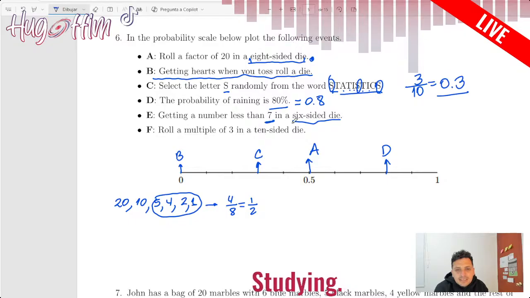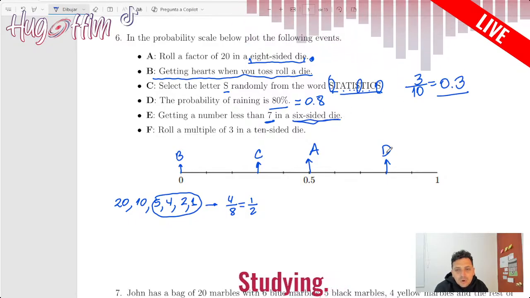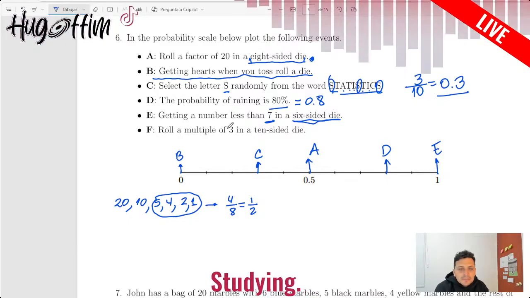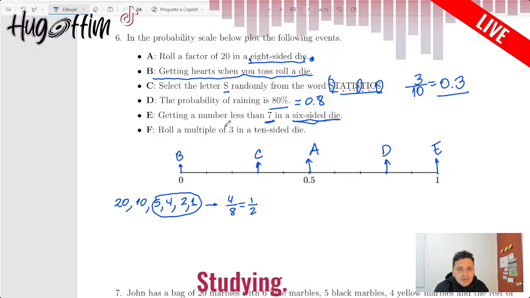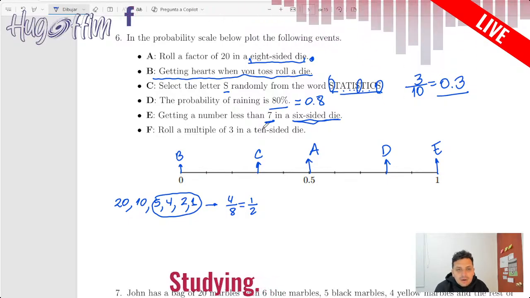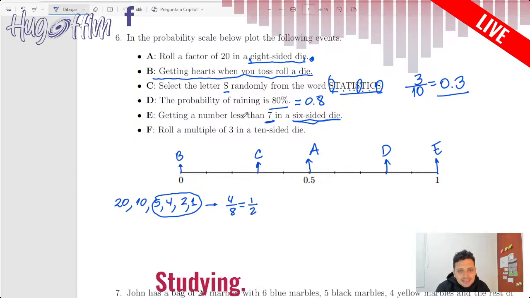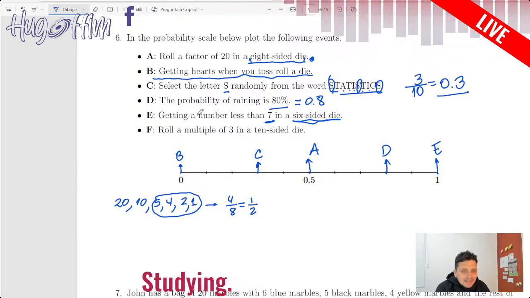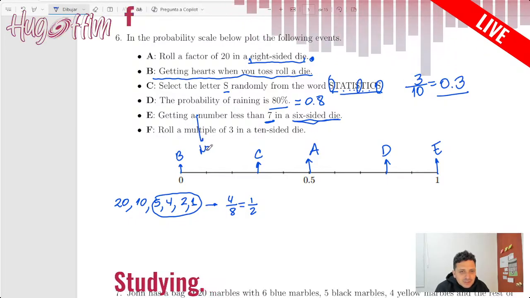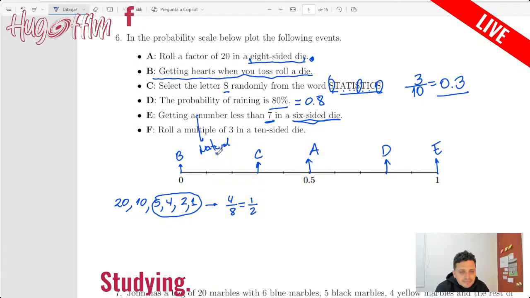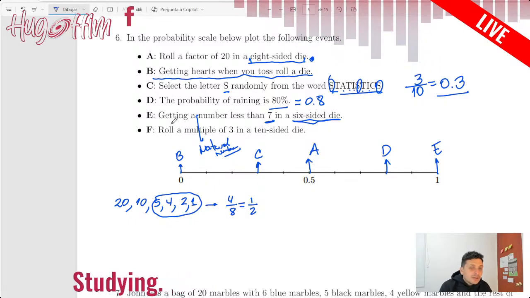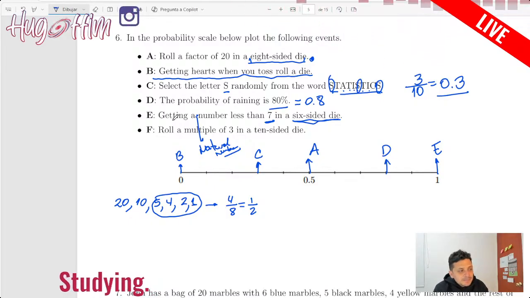Any number less than 7 in a 6-sided die is going to be rolled, so the probability is completely certain. Now, here is like a quick mistake, but we're going to assume that it's getting a natural number, because otherwise you'll tell me, but I can choose 0 or -1 or something like that.